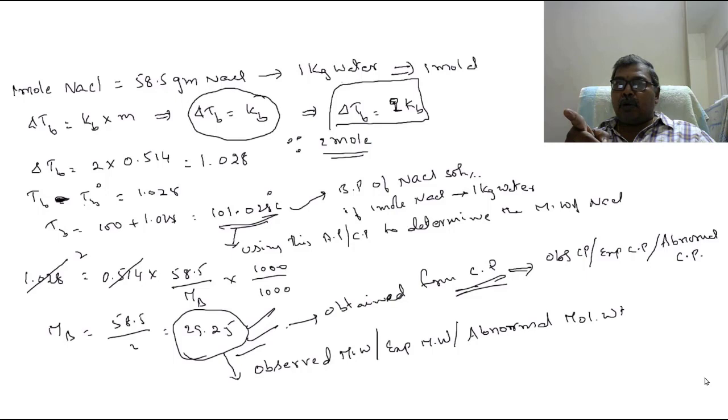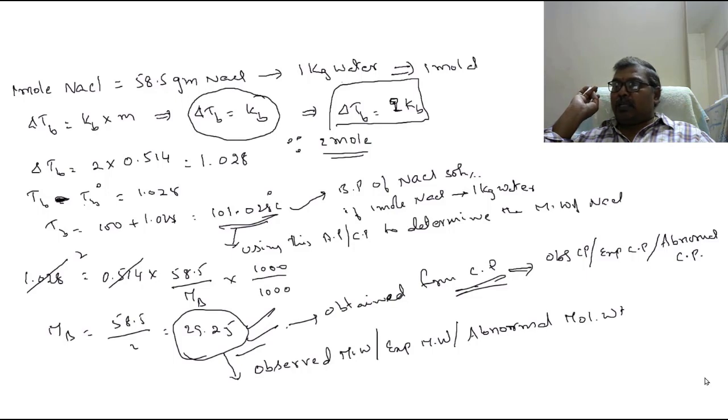Due to that, colligative property increases and we got a molecular weight less than the normal molecular weight. Normal molecular weight is 58.5, but from experimental results we got only 29.25, assuming that 100% NaCl is dissociated. Is it clear?